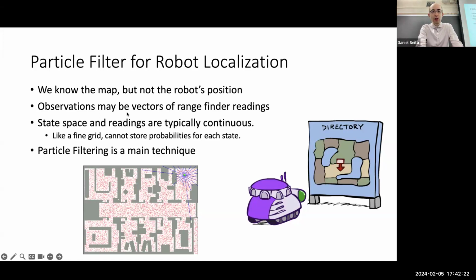Our state space and readings are usually continuous, so it's like a fine grid. You might be thinking, why not use Bayes filters? Well, this is a good example, because imagine that this is a big map of your office or whatever, then each dot represents a potential hypothesis.